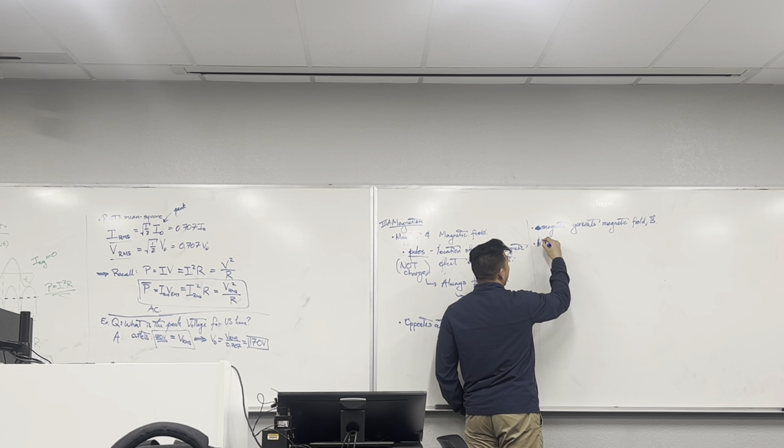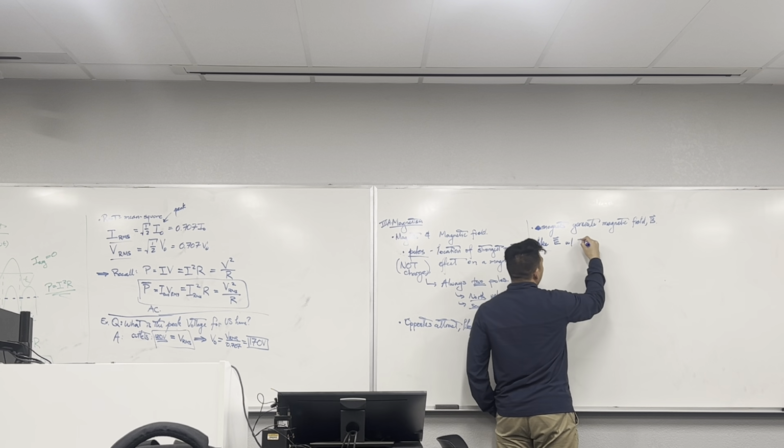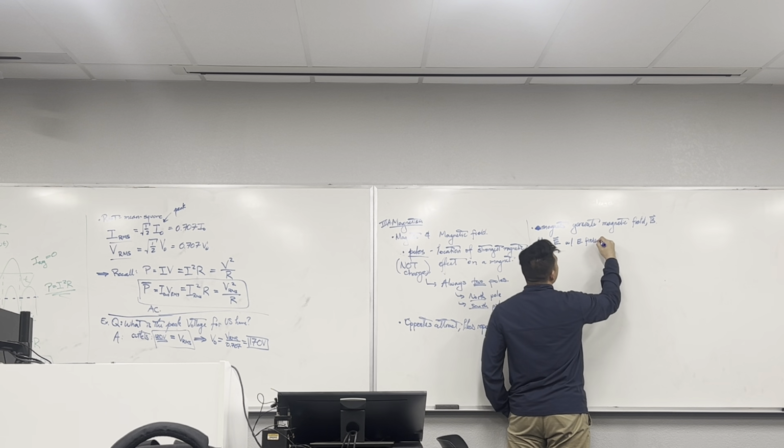So like electric field with E field lines, we can draw the magnetic field with magnetic field lines. And so let's say we have a bar magnet here. We have north and south.